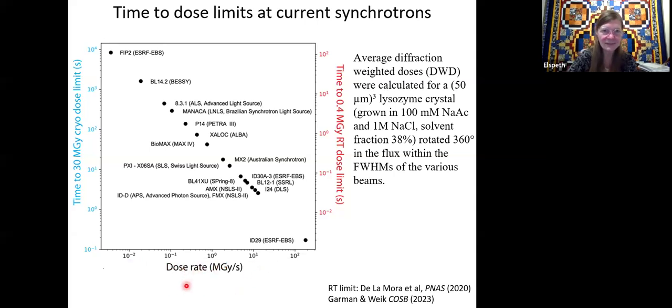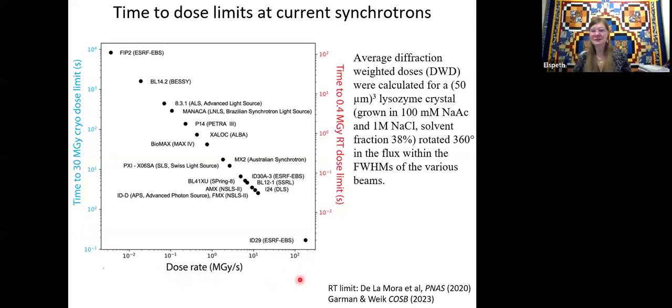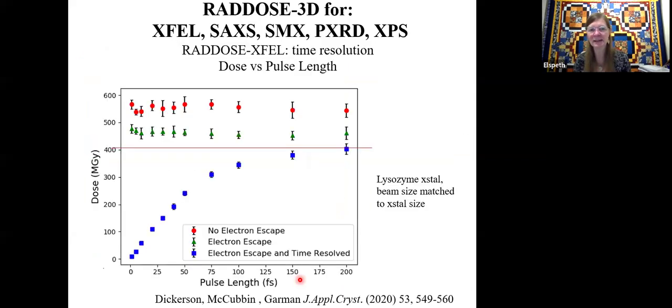You can see that these are all different beam lines at synchrotrons around the world. And the latest one here, you've got just over a millisecond for your 100K. So this has resulted in people using serial crystallography, as it's called, where you just get one shot per crystal because the radiation damage is so high that that's all you can manage to get.